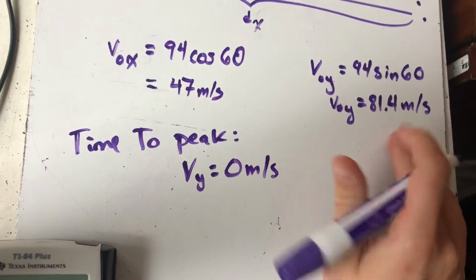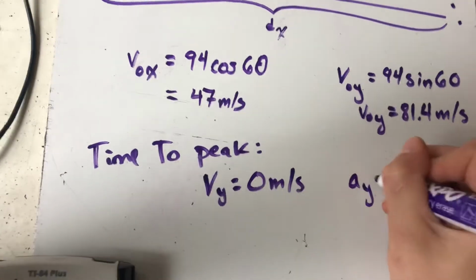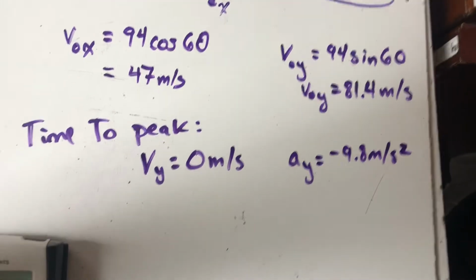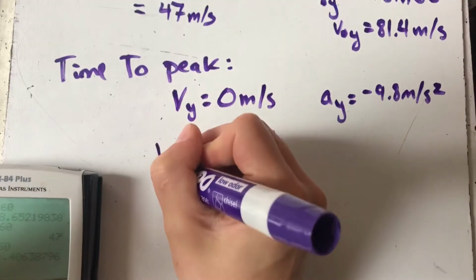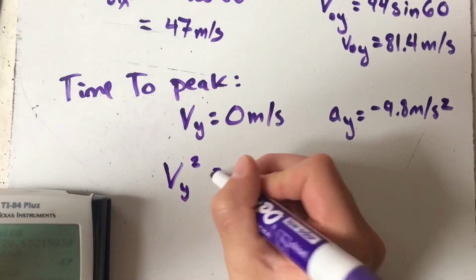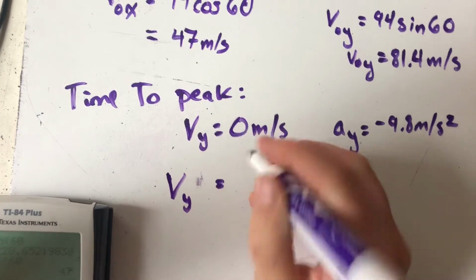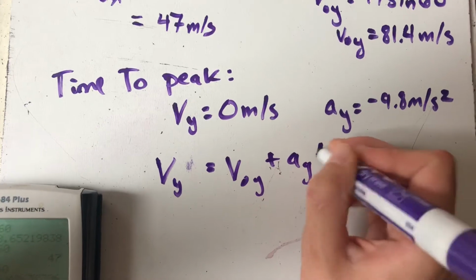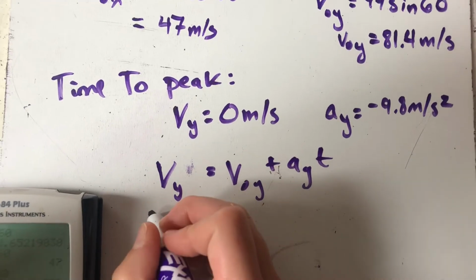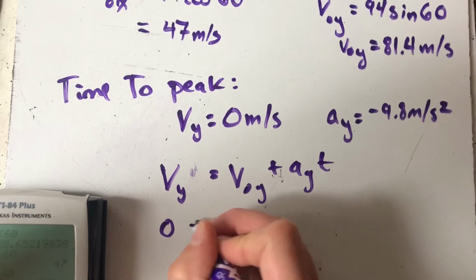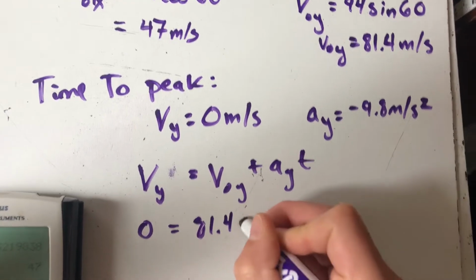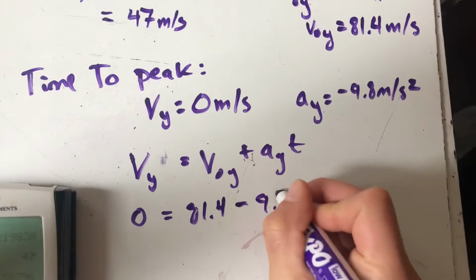If I use this with my initial and the fact that my acceleration is negative 9.8 meters per second squared, I can plug into this one, Vy equals Voy plus Ay t. So then I get that my final velocity 0 is equal to my initial velocity of 81.4 minus 9.8 t.